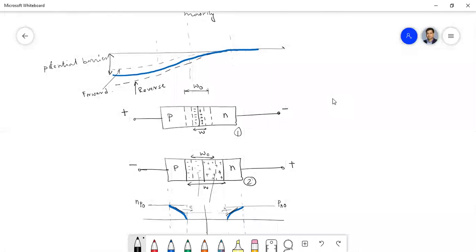In forward bias also the current is mainly due to minority carriers and diffusion current. So if you have any question you can ask me, otherwise I will discuss the thing related to the power diode.